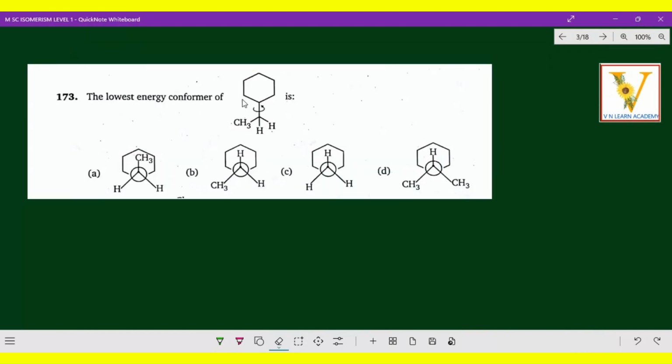First, the lowest energy conformer. Now let us identify which is the correct option. Generally in this question, the staggered form is more stable than the eclipsed form. Why is the staggered form more stable, you know? Because of less repulsion.